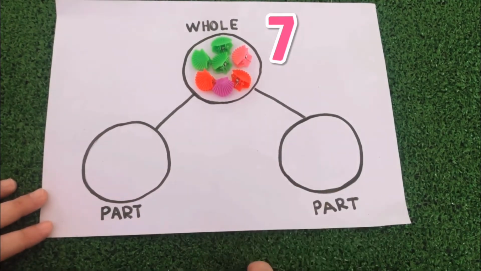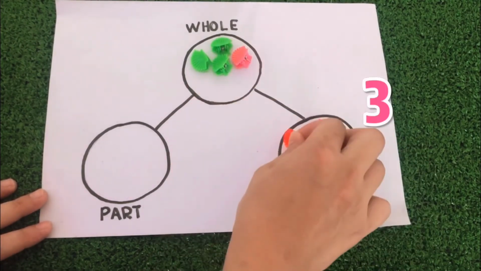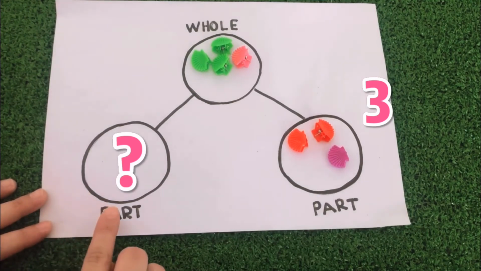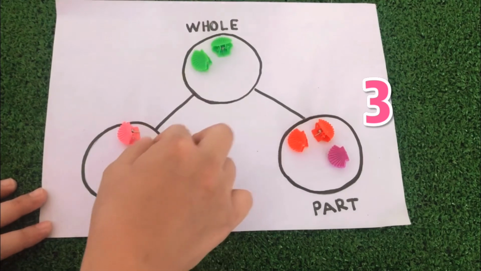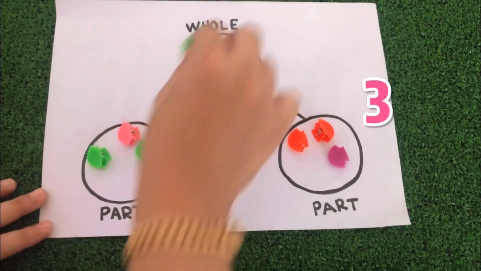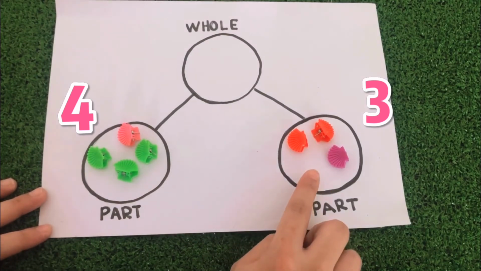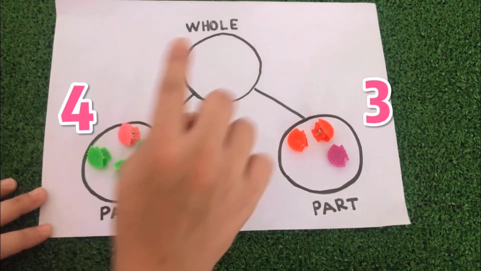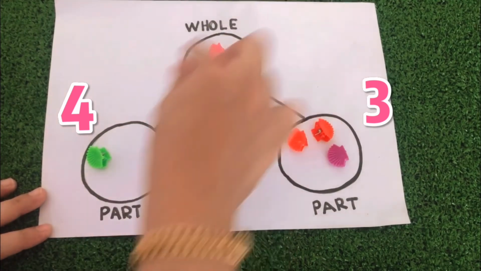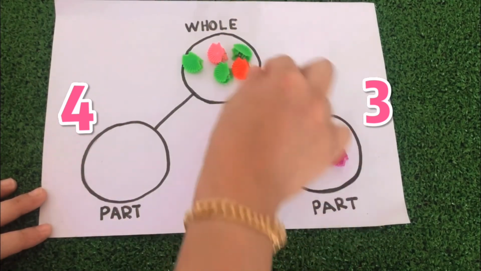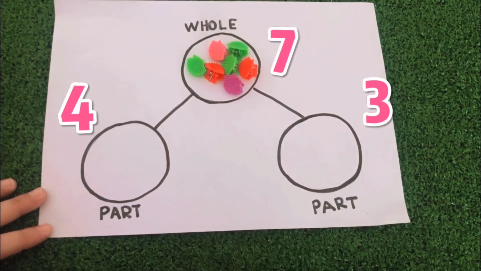So if in this part we're going to have 1, 2, 3, how many are we going to have in this part? 1, 2, 3, 4. Yes, 4. So 4 and 3 make a whole of 1, 2, 3, 4, 5, 6, 7. Good job, children.